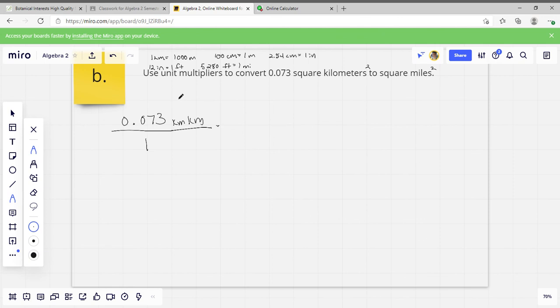All right. So I'm going to have to write that a lot smaller because we got to fit all that info on there. So let's see what I can get here. I've got 0.073, and that's kilometers times kilometers. Now I'm going to multiply, and I need kilometers at the bottom. So 1 kilometer equals 1,000 meters. And I have to do that again.